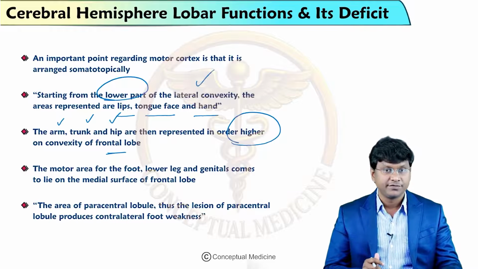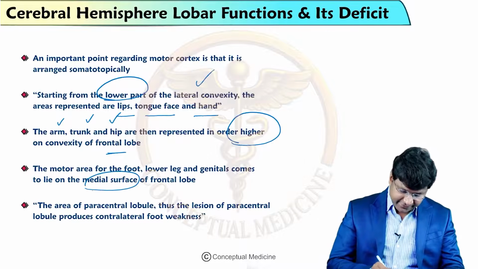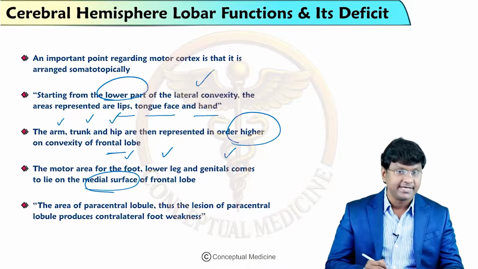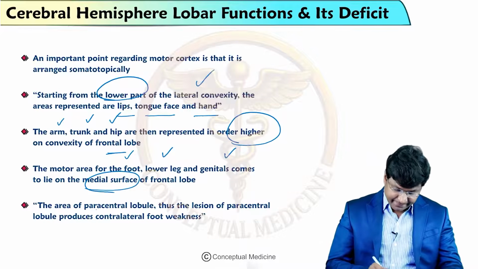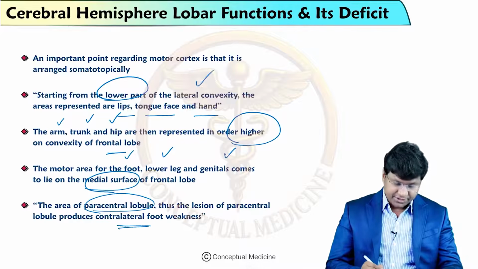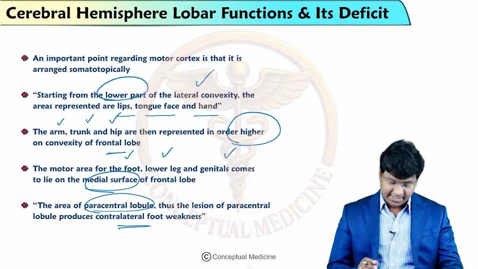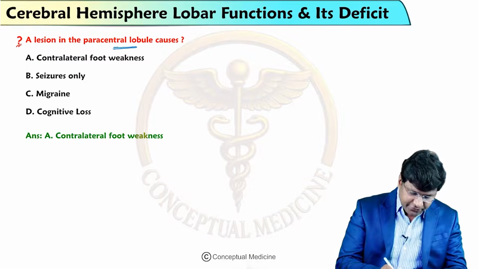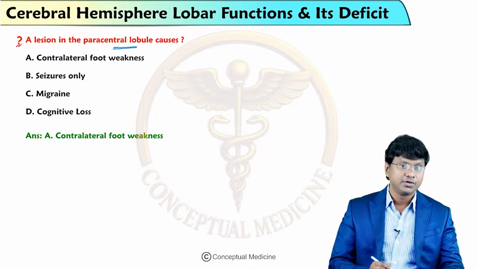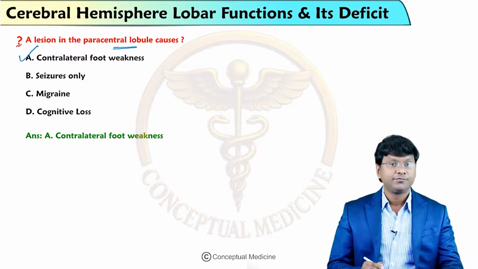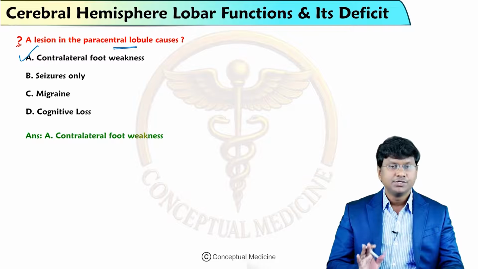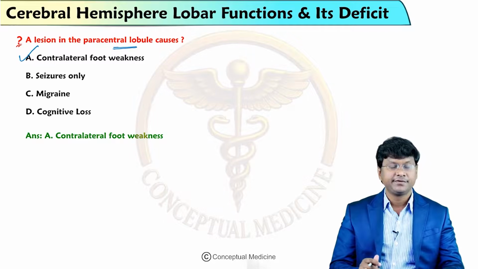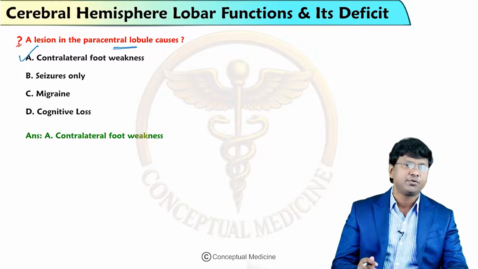Whereas on the medial surface of the frontal lobe, you have the foot, lower leg and genitals. And if there is any lesion in the paracentral lobule, the individual will have contralateral foot weakness. So that is about the frontal lobe and the topographic distribution of the entire body on it.